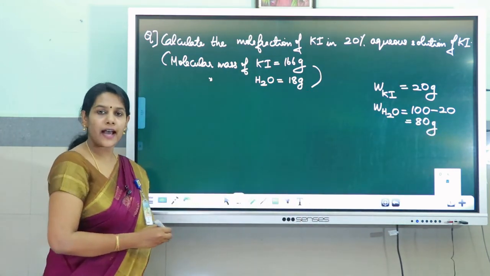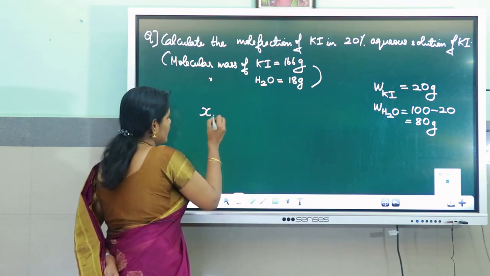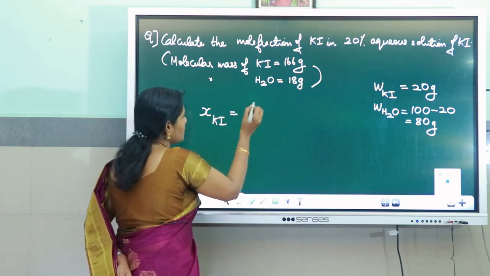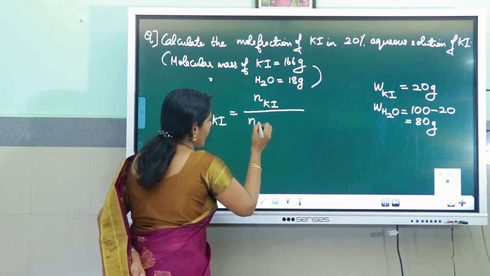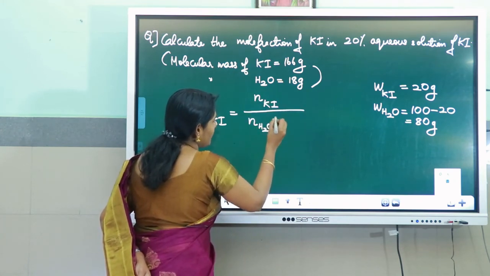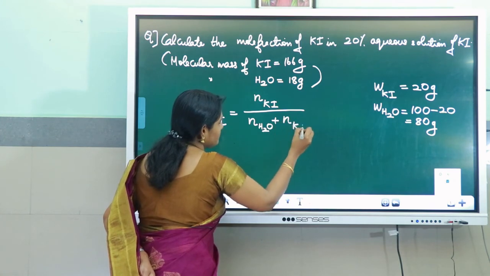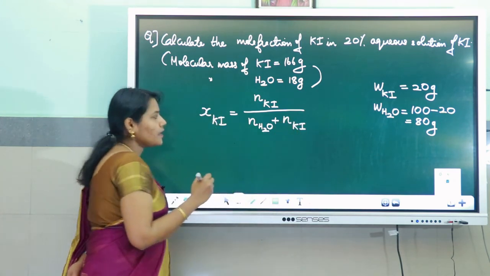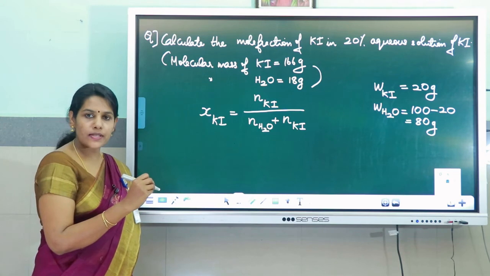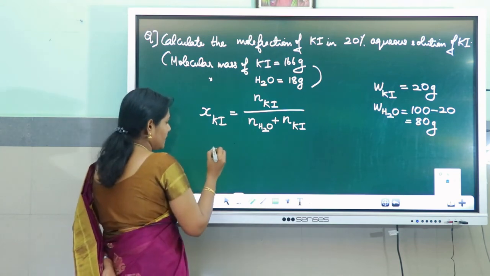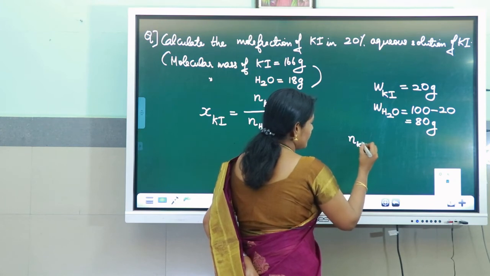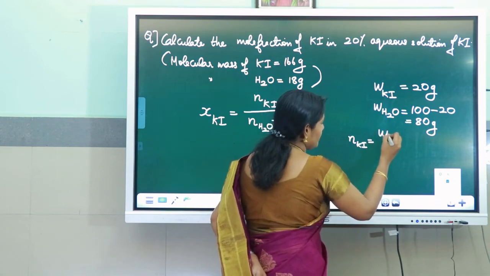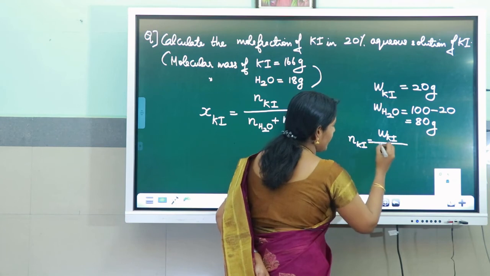Mole fraction of KI, that is XKI, is equal to NKI divided by NH2O plus NKI. Now let us calculate the number of moles of KI. NKI is equal to WKI by MKI.